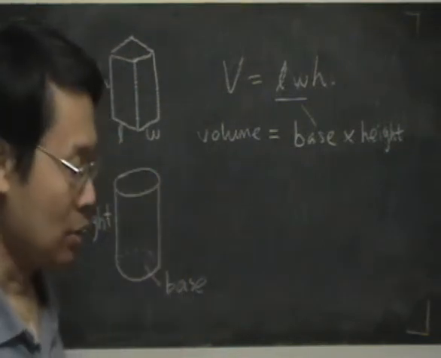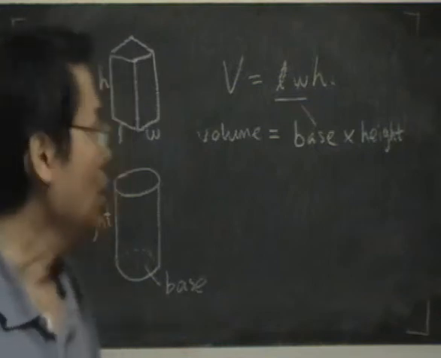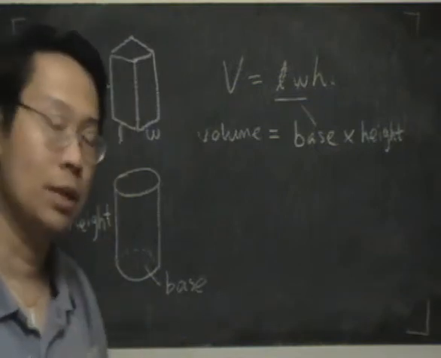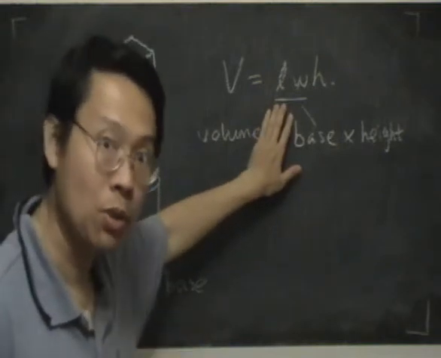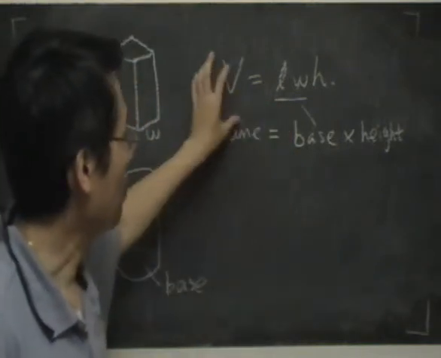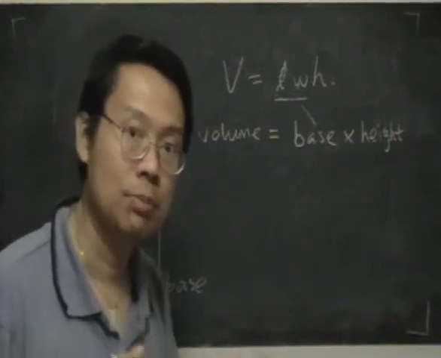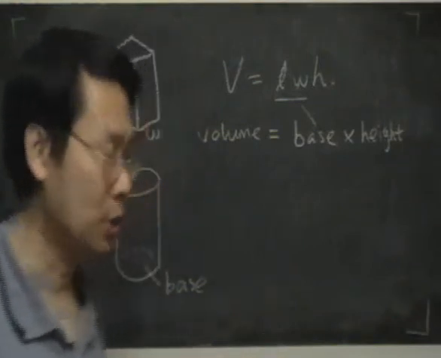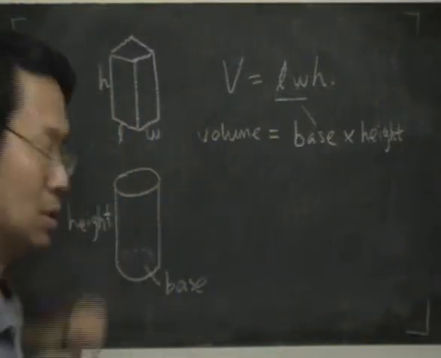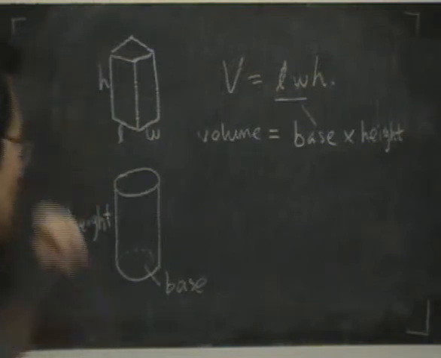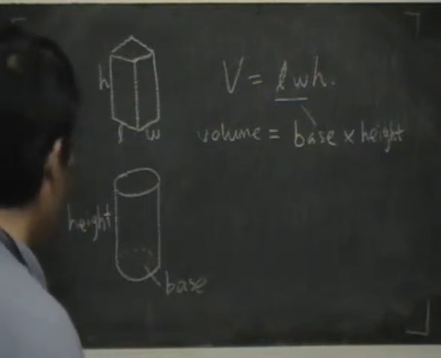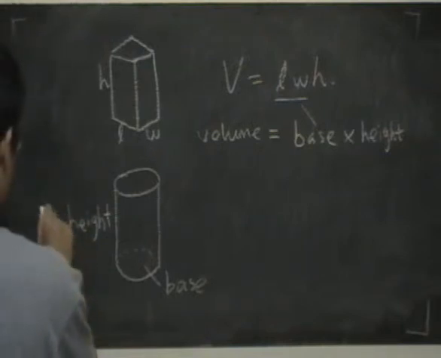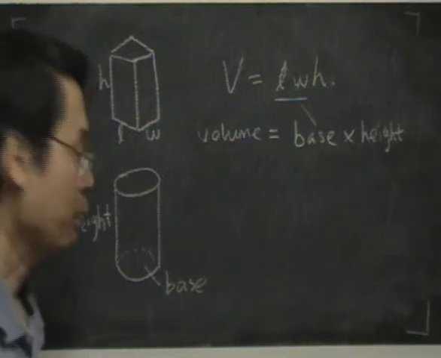And for convenience, we often like to have a formula using symbols, like in algebra. So we can make one for the cylinder. Let's start with the height. I'll call that h. So h is height.